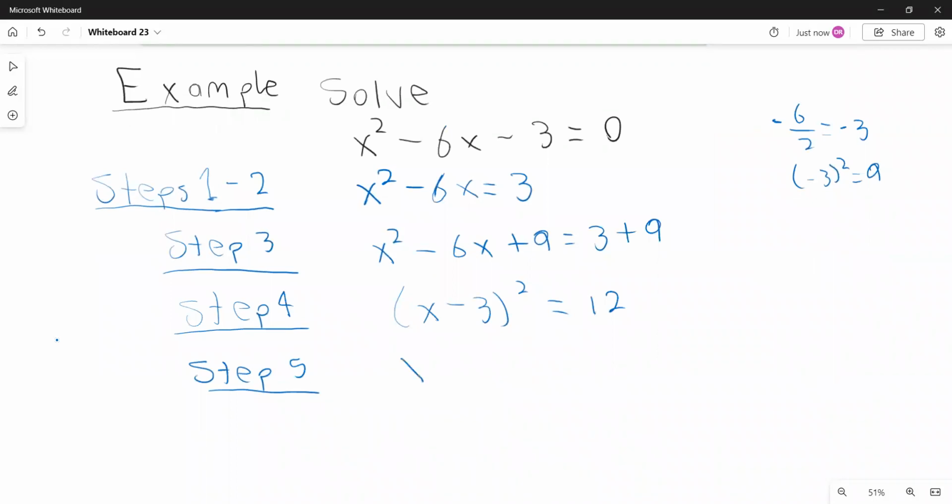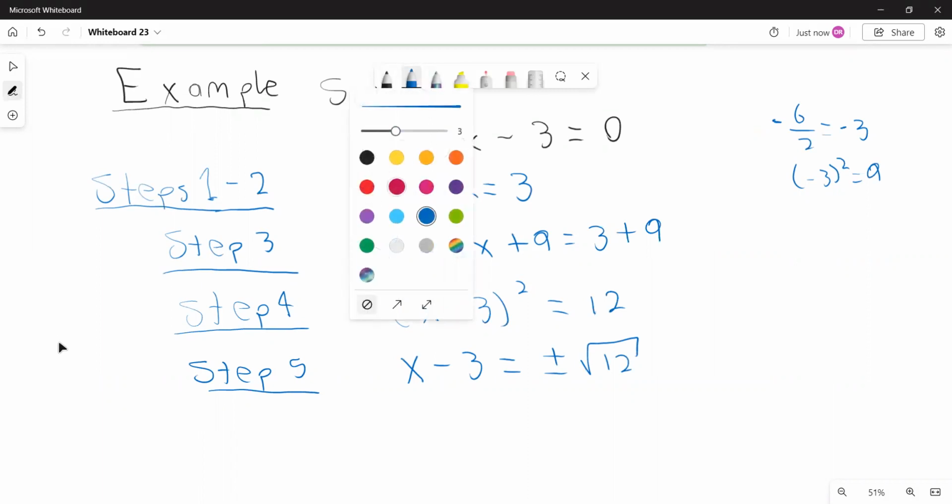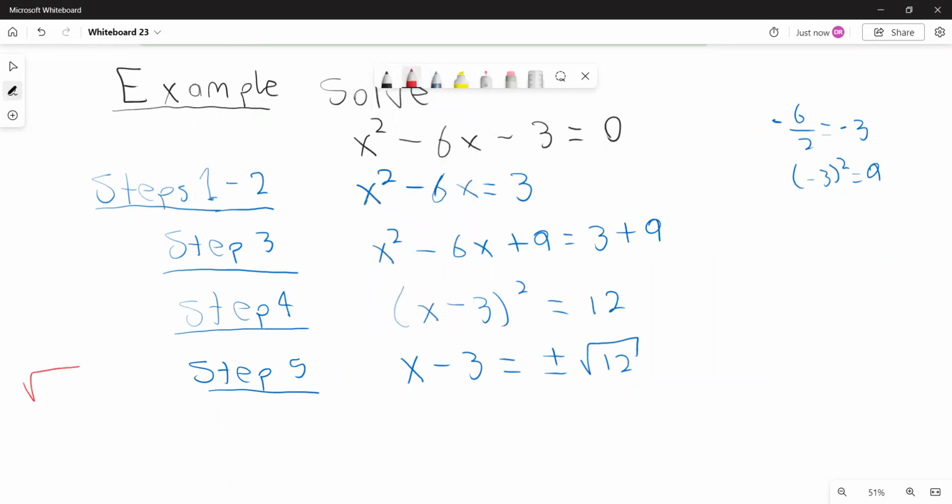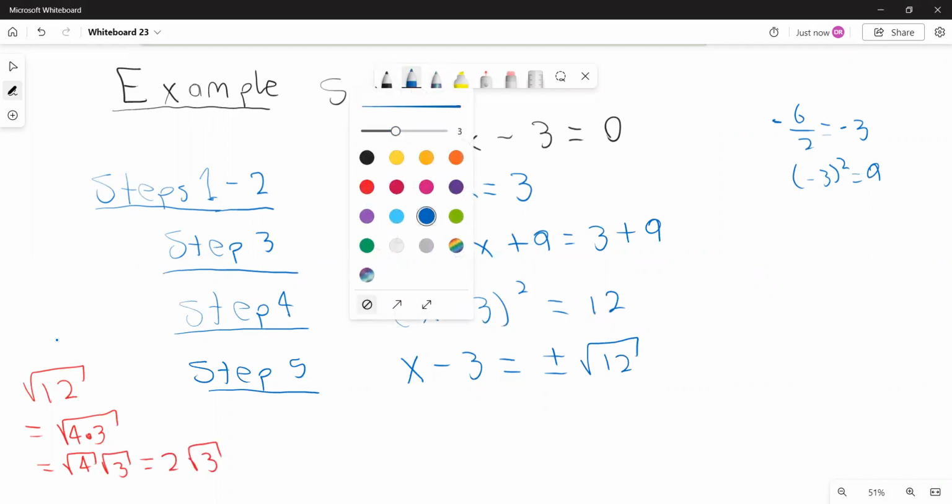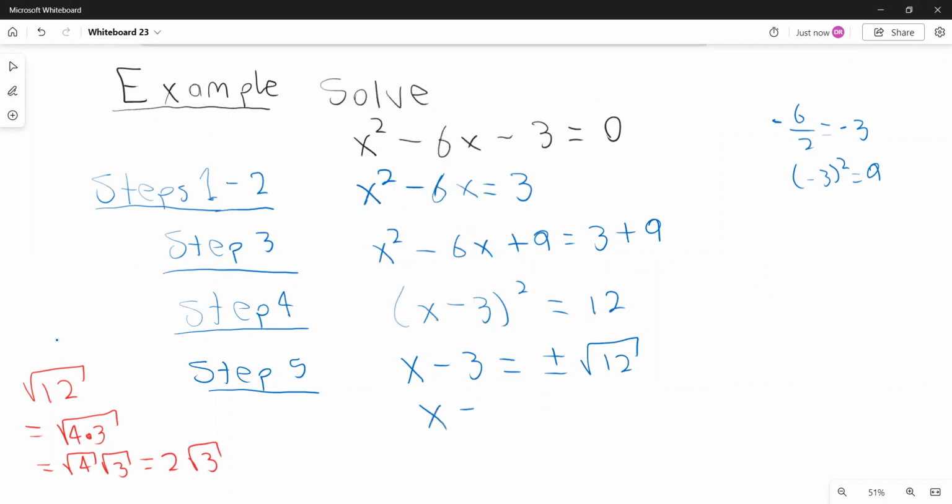So x minus 3 is plus or minus square root of 12. Square root of 12 is square root of 4 times 3, or, sorry, 2 square root of 3. Okay, so x is 3 plus or minus 2 square root of 3. And that is the solution set.